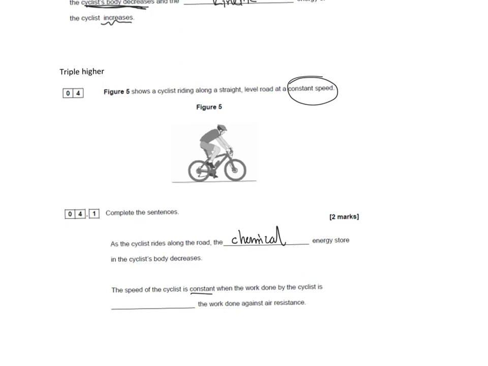Now, for someone to have the same speed, the work done to overcome air resistance, if you're going at the same speed, needs to be equal. So the work done by the cyclist is equal to, or the same as, the work done against air resistance. So this is why this is in a higher paper, because it's a bit more of an application concept.